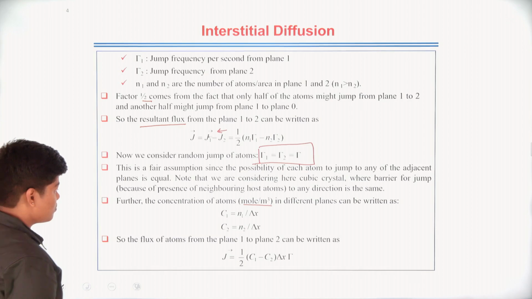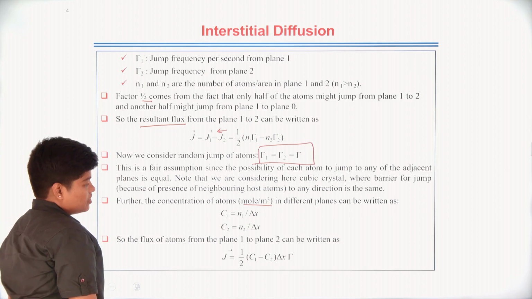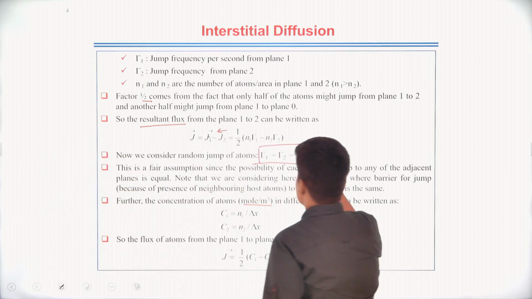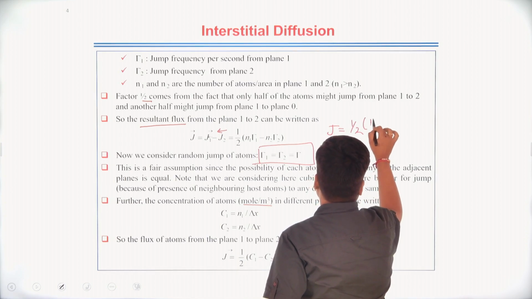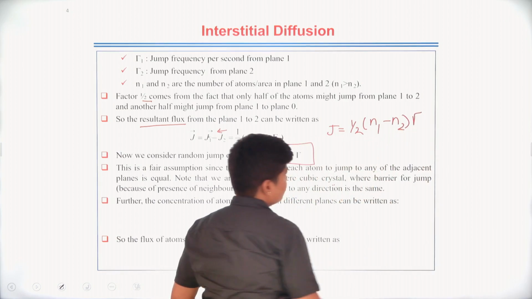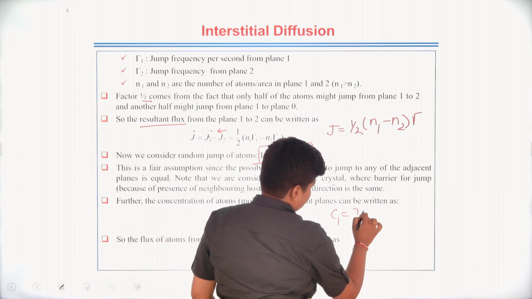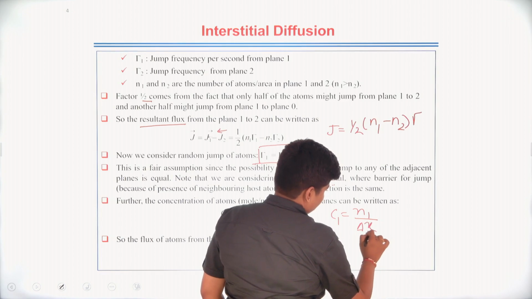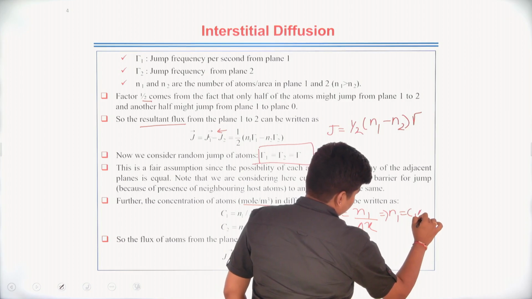So in terms of N1 and N2 we can write C1 del x. The net flux is half of N1 minus N2 times sigma. Here C1 is N1 by del x, so N1 can be C1 del x.